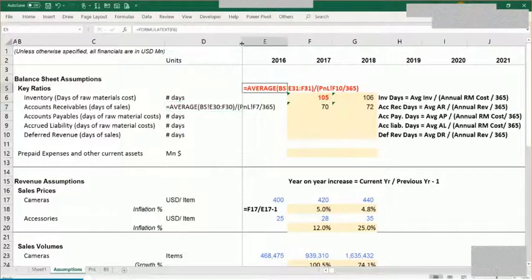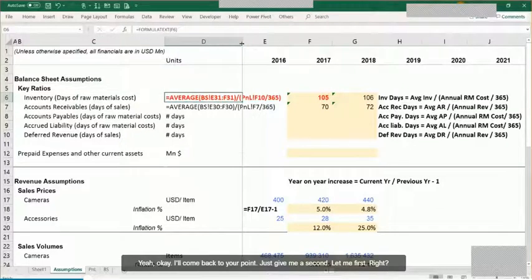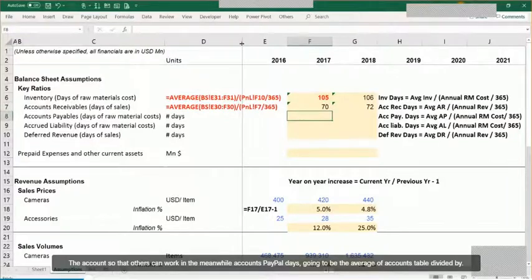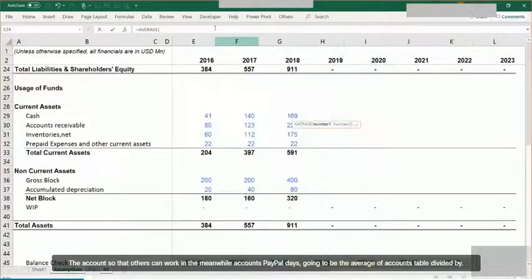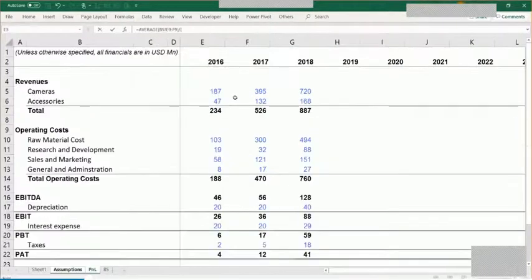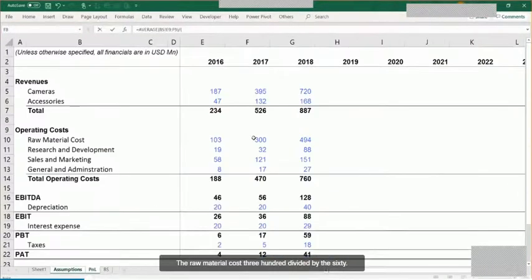Vishaki, I'll come back to your point. Just give me a second. Let me first write the formula here so that others can work in the meanwhile. Accounts payable days is going to be the average of accounts payable divided by the raw material cost, 300, divided by 365.